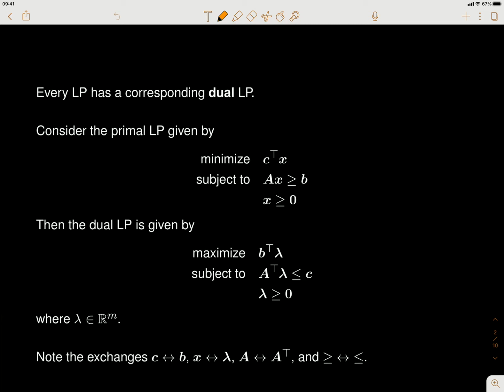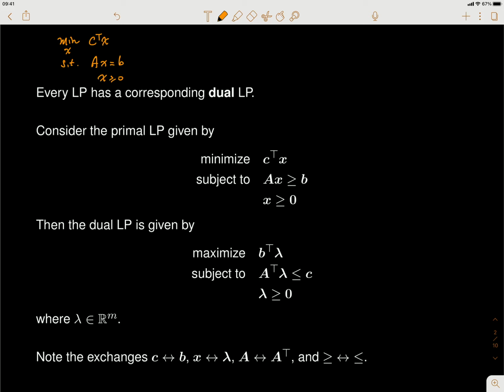Okay, so first to recall that the primal linear program is the one that we discussed before. Here we're going to make a slight change of the original one. Originally we have a linear program given by the minimization problem, where the objective function is c times x, and the constraint is Ax equals b, and x is greater than or equal to 0.